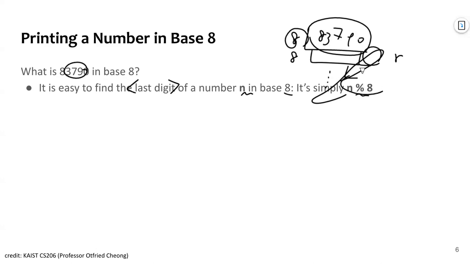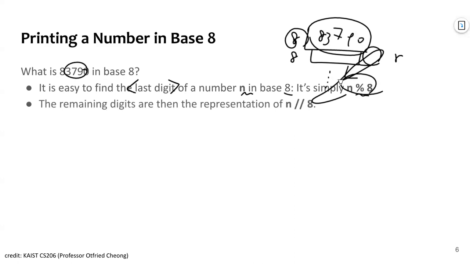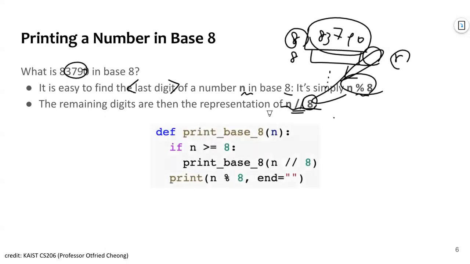It will simply give you the remainder. And the remaining digits, after we calculate this remainder, is n//8. This will not think about the numbers after the dot, like floating numbers. It will always return integers.